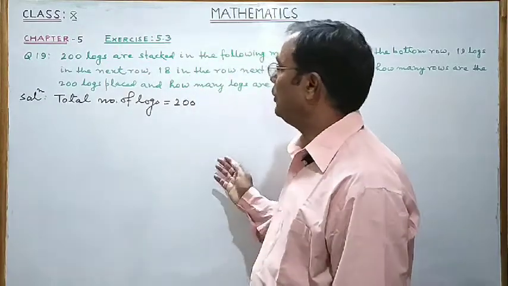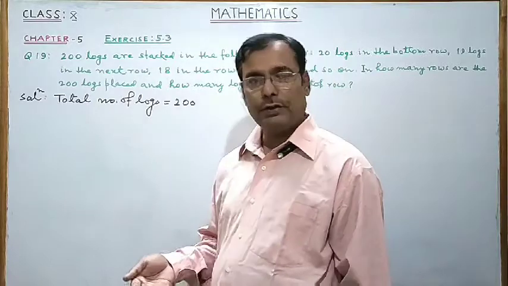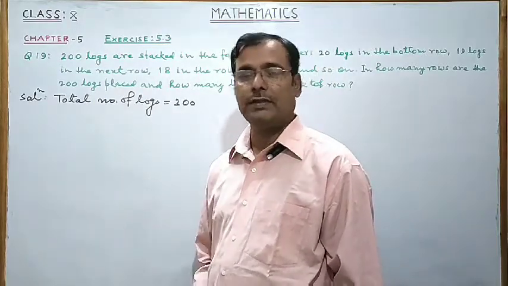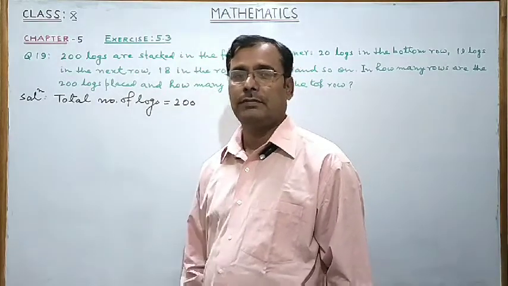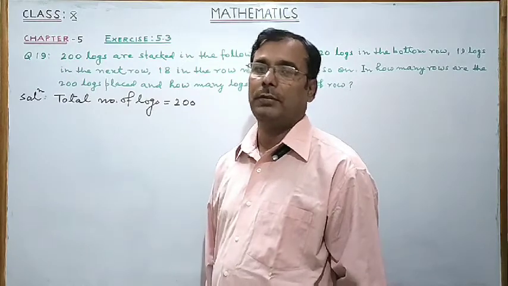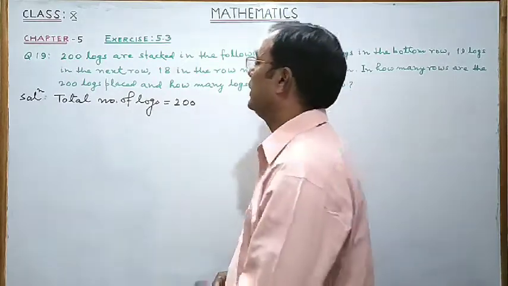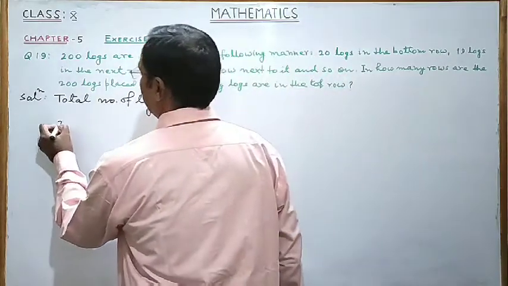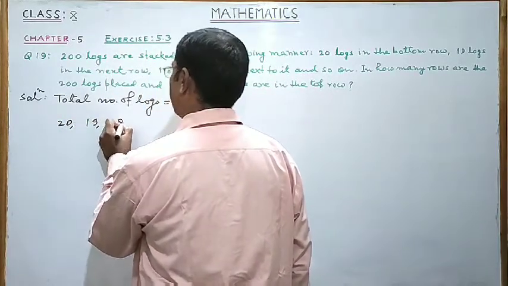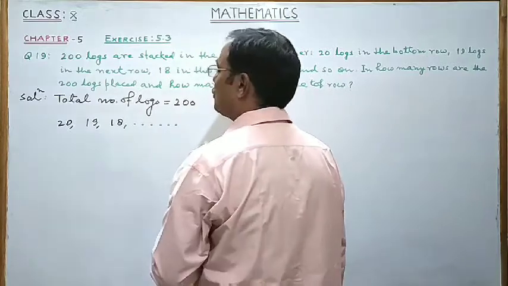So the number of logs in different rows, like 20, 19, 18 and so on, forms an AP with first term 20 and common difference -1.